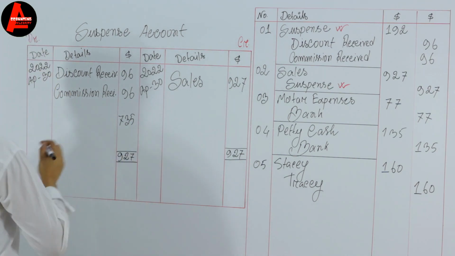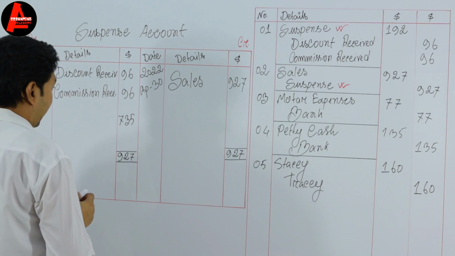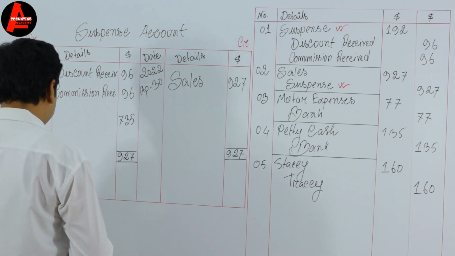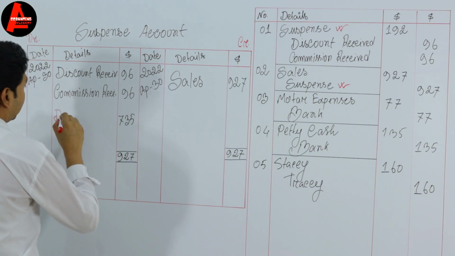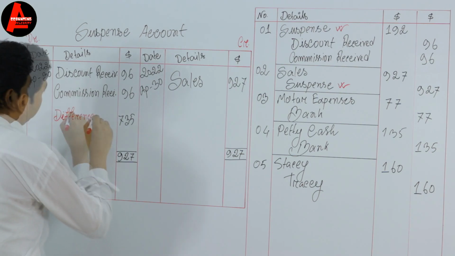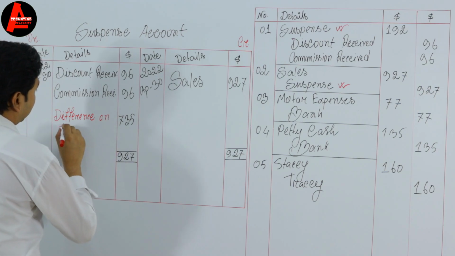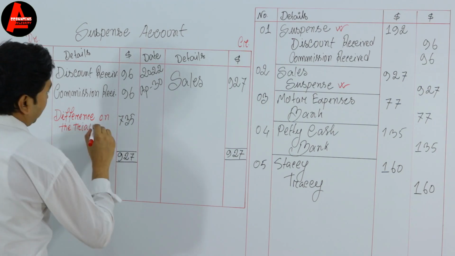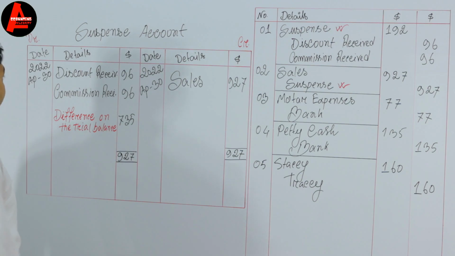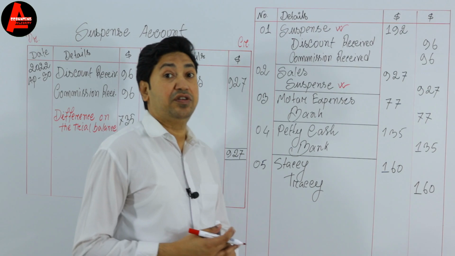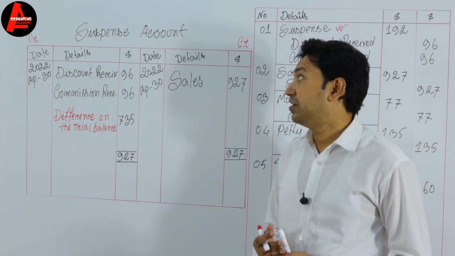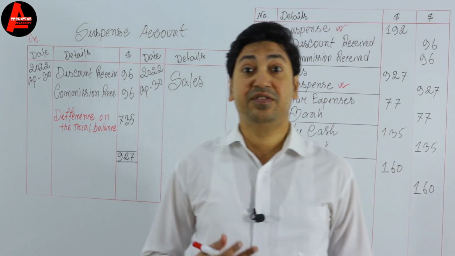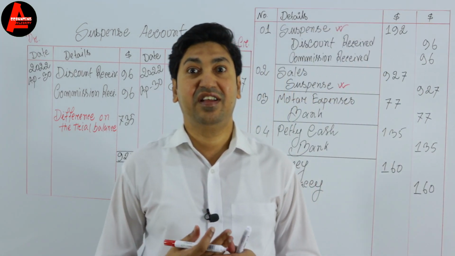This is the amount of difference between the debit and credit columns of the trial balance. So let us write difference on the trial balance, and the date will be the same, 30 April 2022. This is how you have to prepare the suspense account if you have such questions on your exam.